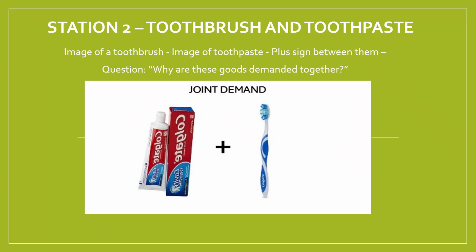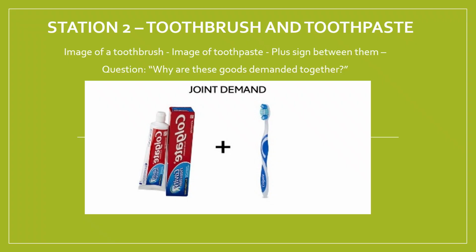Look at the second station. You see a toothbrush and a toothpaste. Observe the relationship. Can you use a toothbrush without toothpaste? Not really. It's not very effective. Can you use toothpaste without a toothbrush?